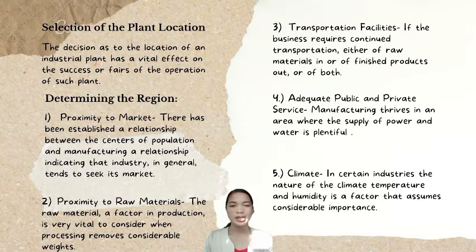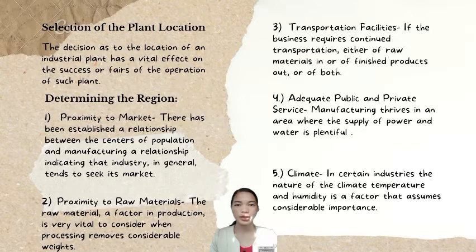In all these cases, the proximity to potential customers is of primary importance in choosing a location. A bakery would not be established in a sparsely populated barrio, but would be set up in the Poblacion or town proper.